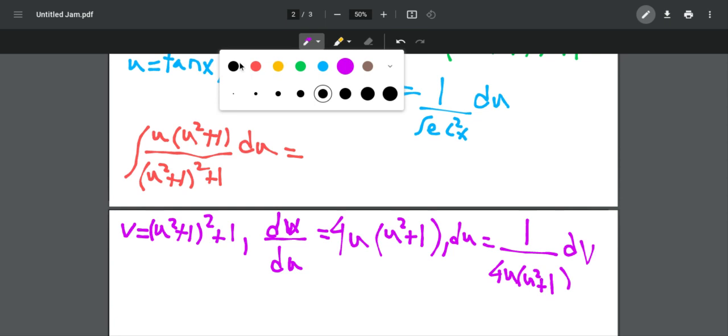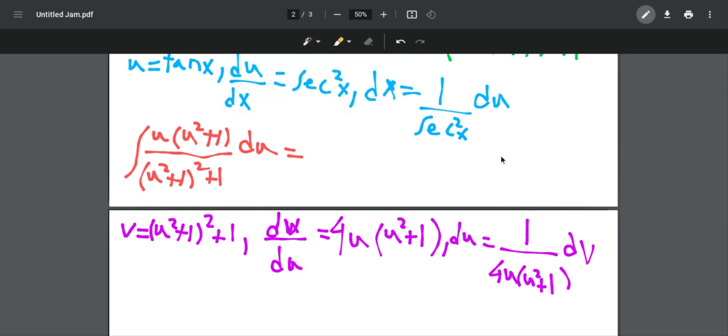Now we substitute in. If we plug in the value of du, you see that u squared plus 1 cancels with u squared plus 1, and u cancels with u.